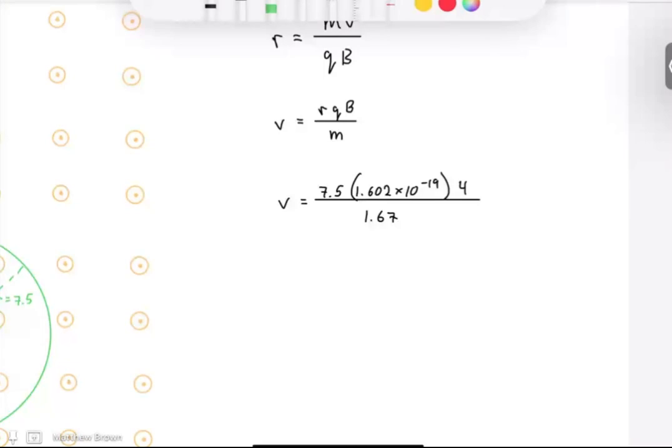See how close those numbers are? It's hard to remember. Times 10 to the negative 27. And that gives me a result of v equals 2.878 times 10 to the 9 meters per second. Okay, pretty fast, gotta say.